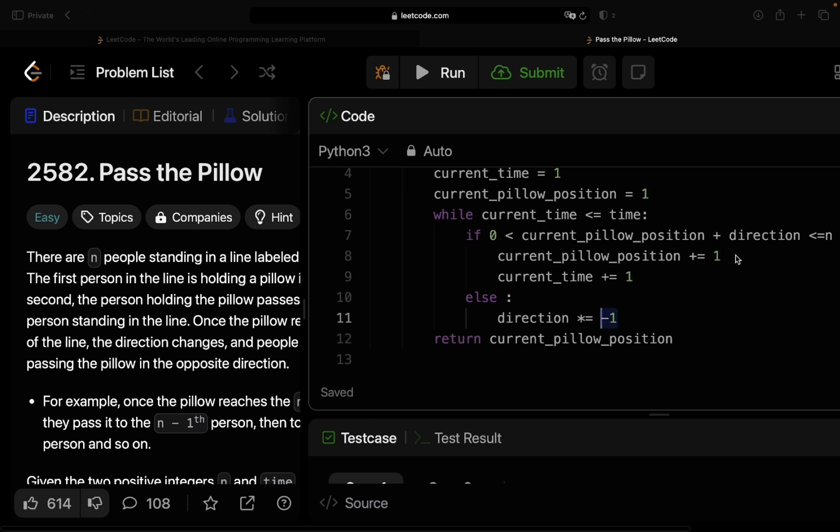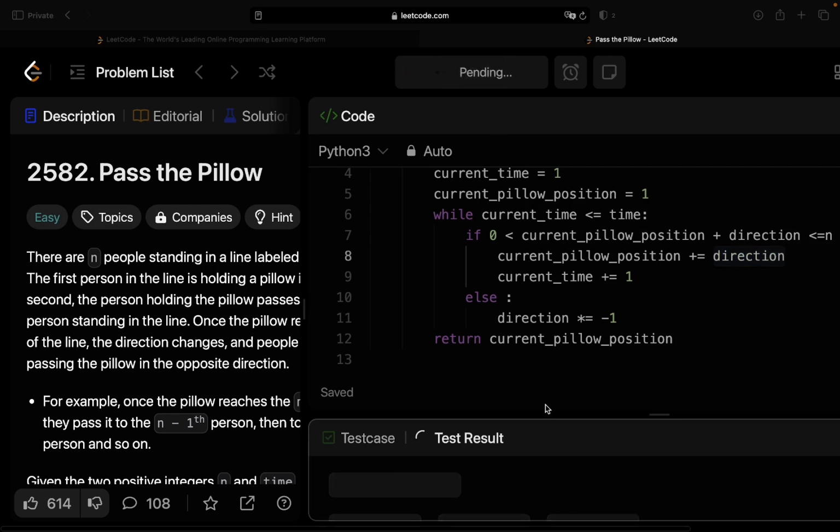So each time you're adding, it should not be plus 1, it should be plus direction. If you are going from left to right, we'll add plus 1, meaning direction is 1, or if it's the opposite side, from right to left, we'll add minus 1. So that's why you're having plus direction.